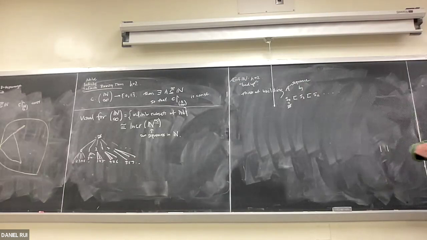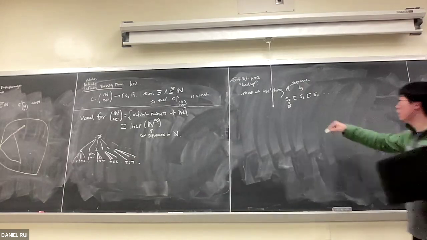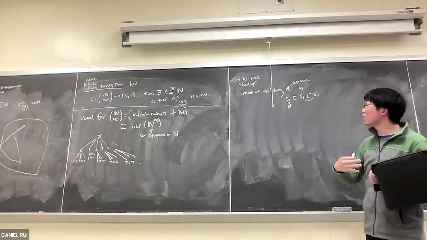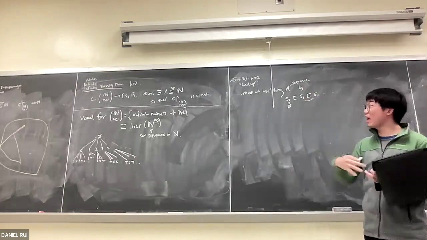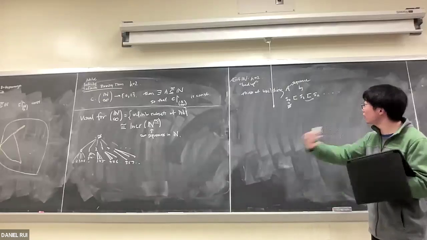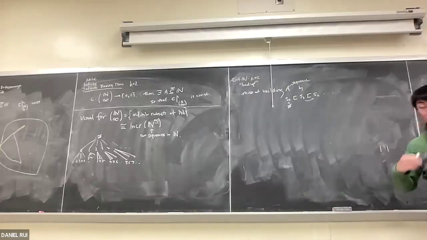So I can build this infinite sequence A by looking at finite sequences at the beginning, and just building up one element at a time. If I increase by one thing, like if I have the sequence 2, 3, 5, and I append 6, I'm going to call that an increment. So if I increase the sequence by 1, I'm going to call that an increment.